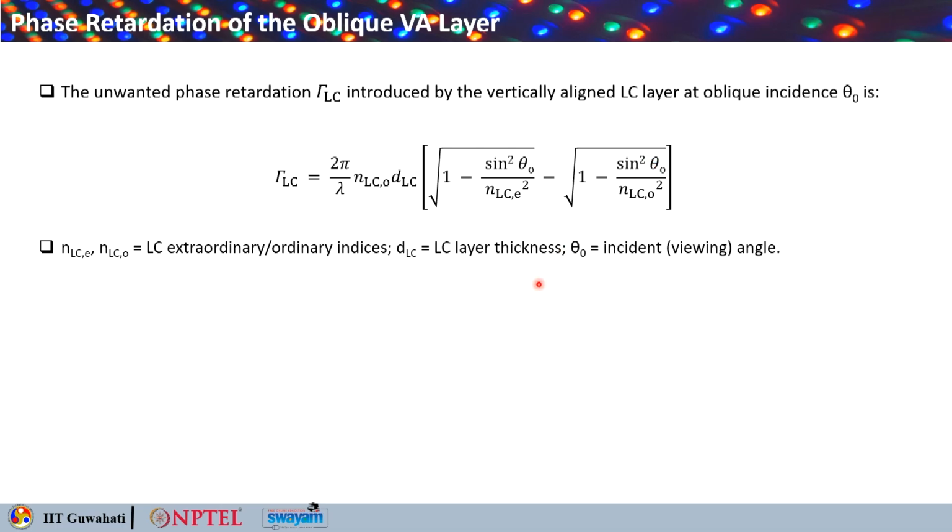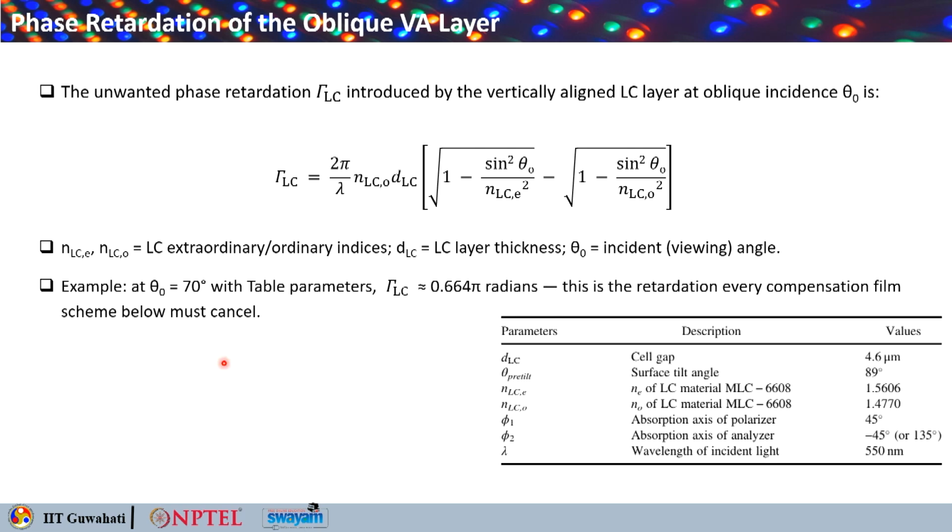So for a viewer looking in at the incident angle θ0, the vertically aligned liquid crystal layer behaves like a uniaxial C plate, with n_LC,e and n_LC,o. It gives a phase retardation, this capital Γ_LC, that depends on the liquid crystal's extraordinary and ordinary refractive indices, as well as the thickness of the liquid crystal layer and the incident angle itself, right?